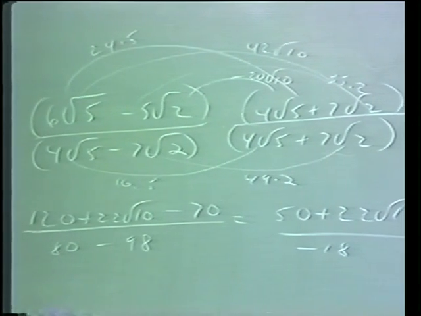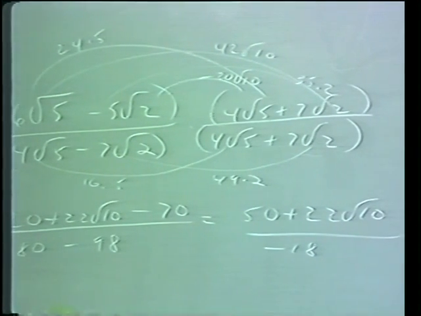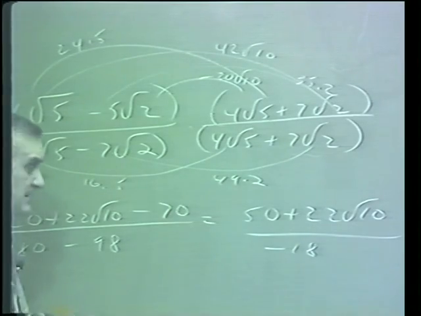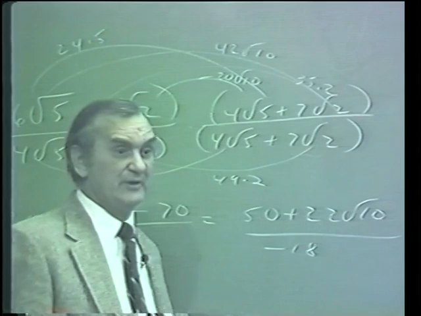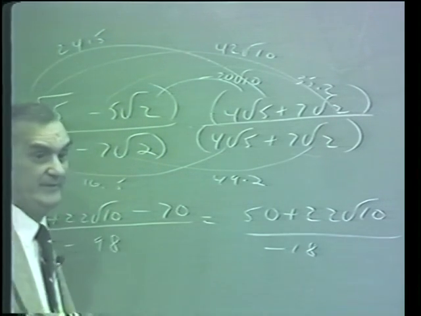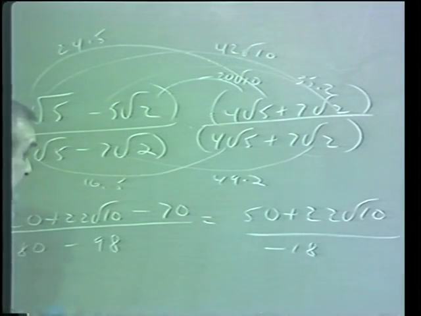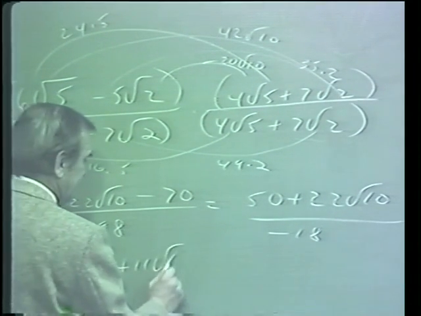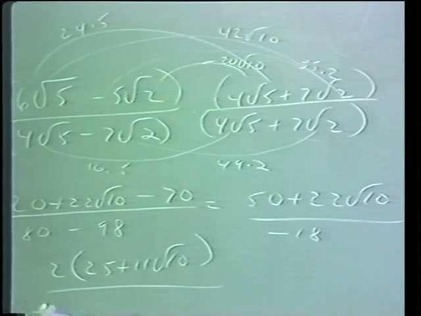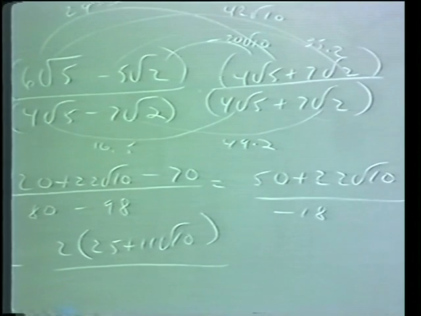Okay? Now, we want to see if we can simplify this fraction. Well, the numerator consists of two terms. In factoring a two-termer, our first question is, is there anything common that we can extract? And the answer is yes. We can take out a 2. So we have 2 times quantity 25 plus 11 square roots of 10, all over negative. Well, I'm going to put the negative in front of the entire fraction. 18.